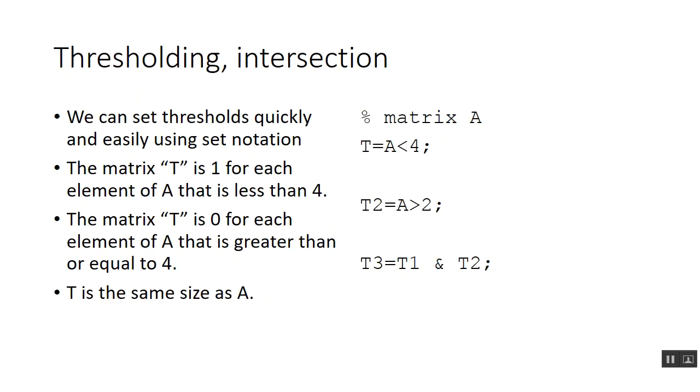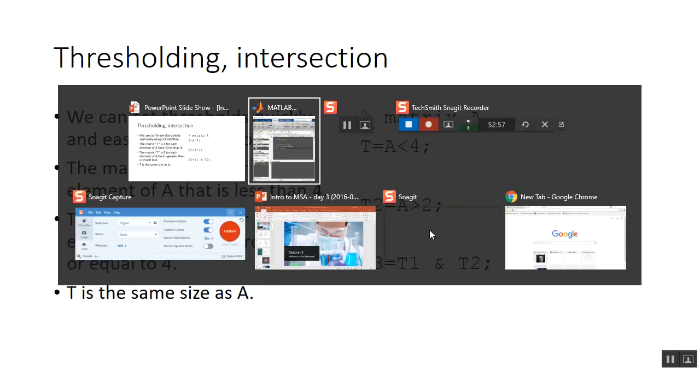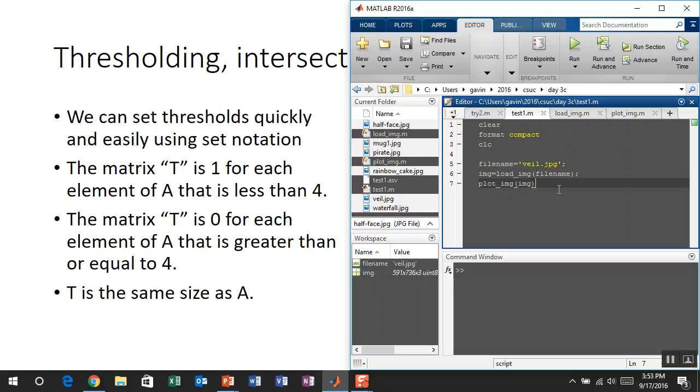So let's do this real quick with our image. I'm going to make this part of figure 1, and then that's the threshold. Let's use the red channel. Well, we could use all the channels, I suppose.